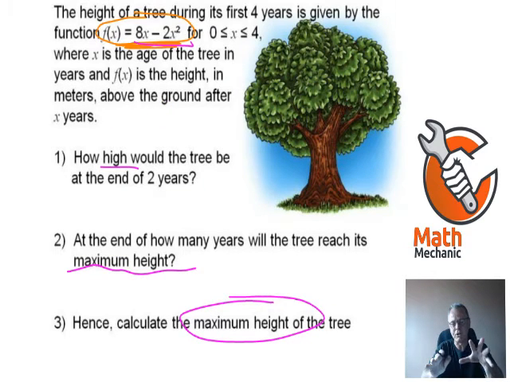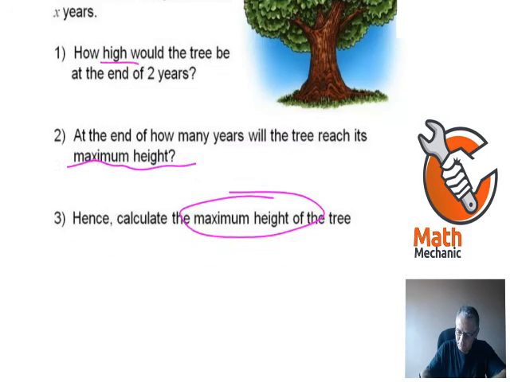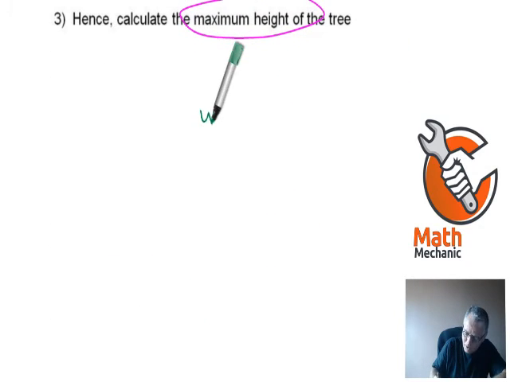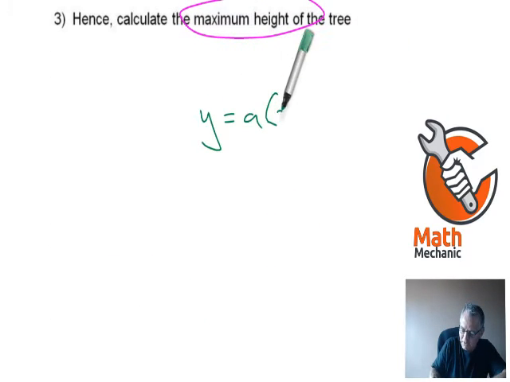Now the trick in this question comes in when they're asking you to find the turning point, because remember that is not the standard form of the parabola that you are being taught. The standard form of the parabola is this: y is equal to a(x minus p) squared plus q.